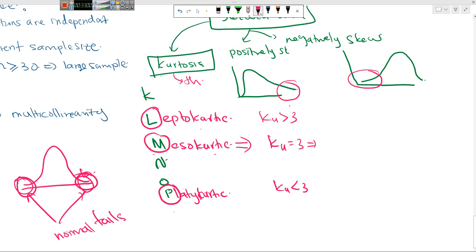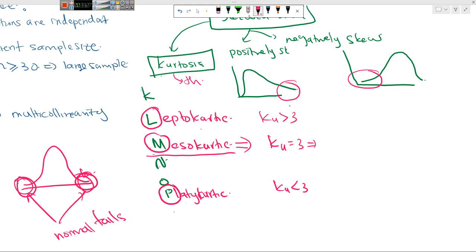Now what are the Ku values of leptokurtic, mesokurtic, and platykurtic? Taking 3 as the reference value, if the kurtosis value of the data set is equal to 3, we call that mesokurtic. So it follows an ideal normal distribution.